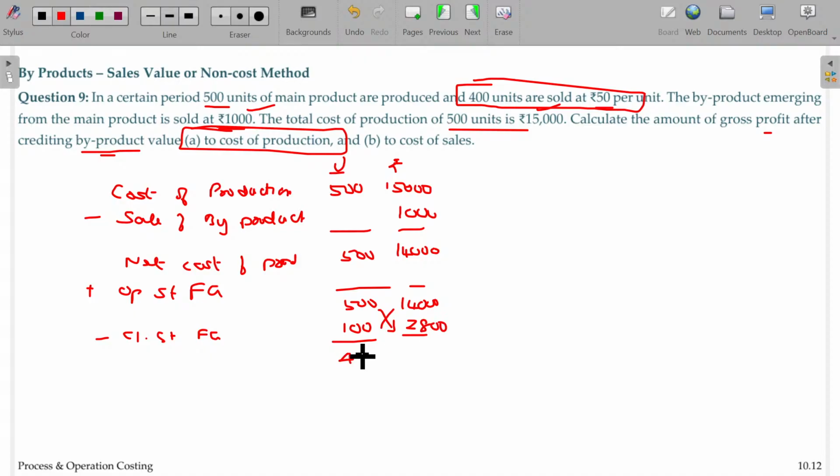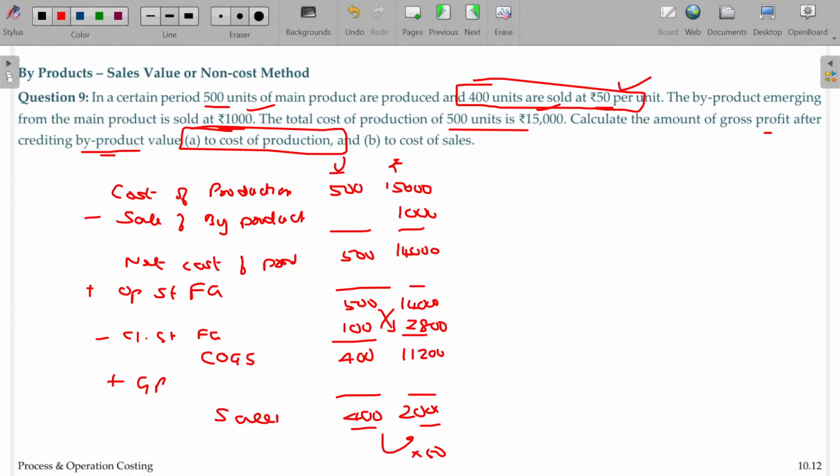So for 400 units, 11,200 is the cost of goods sold. Add GP and you'll get the sale price. Sale price being 50 per unit, then you'll get 20,000 rupees, your GP being 8,800.